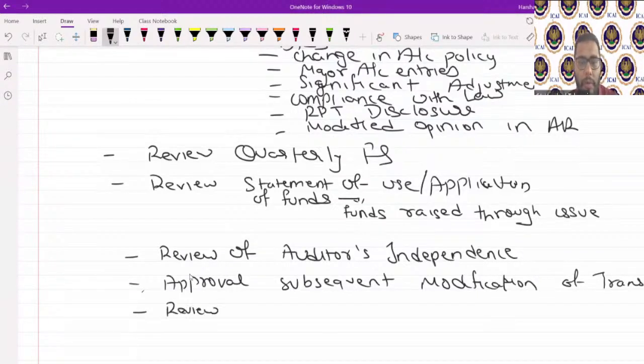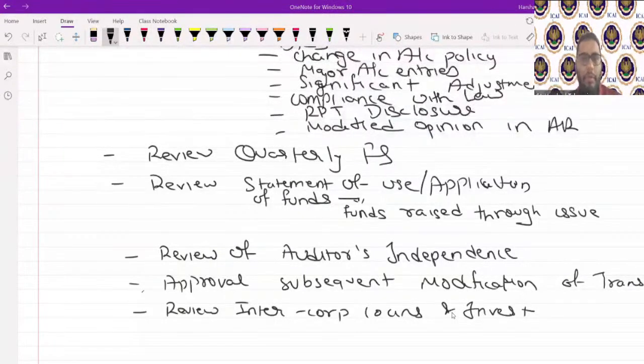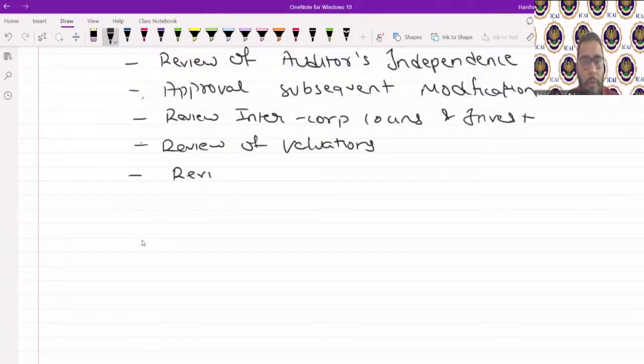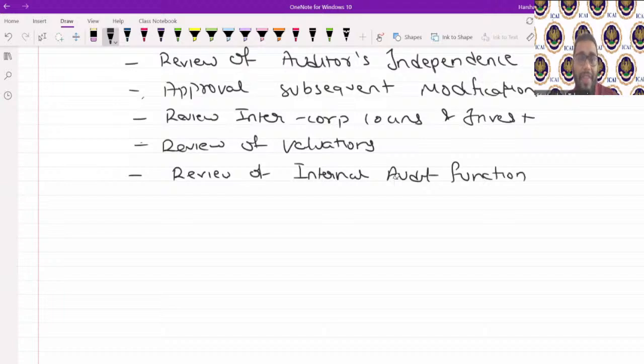Review of inter-corporate loans and investments. Valuation of undertakings or assets. Review of valuation. Review of internal audit function, if they have.